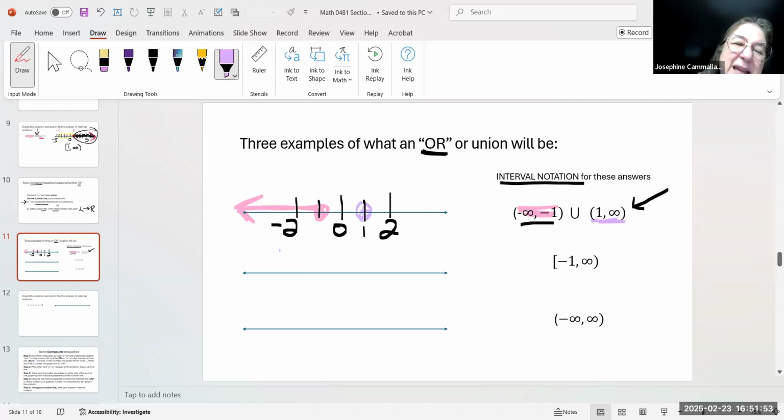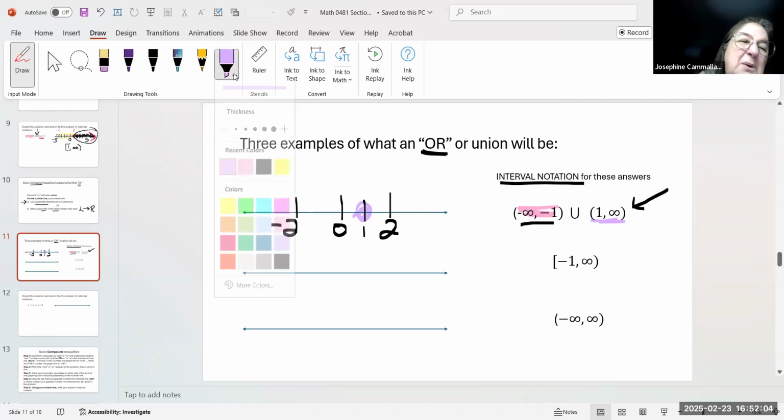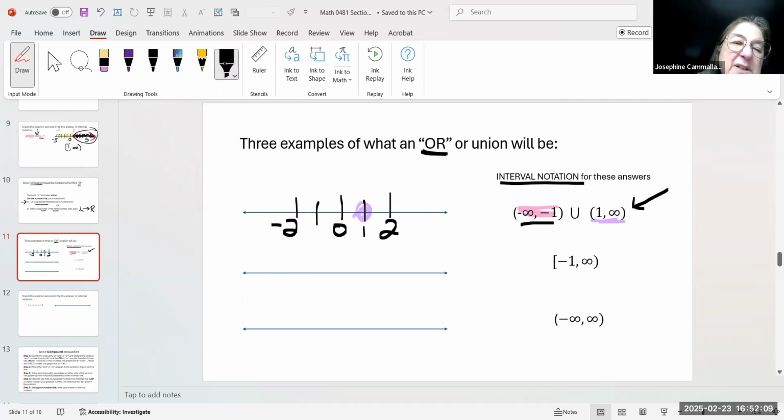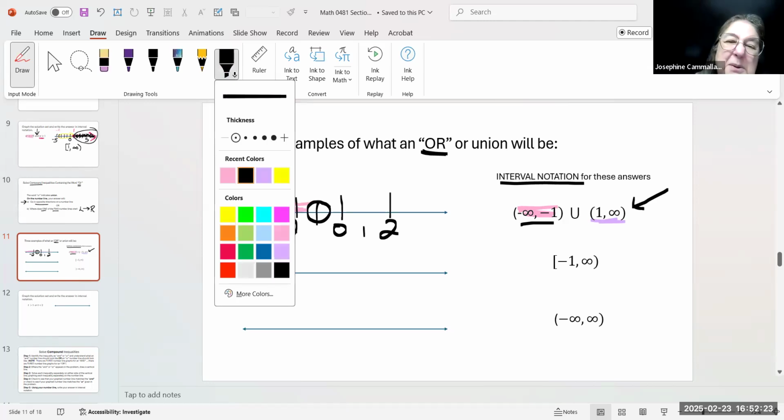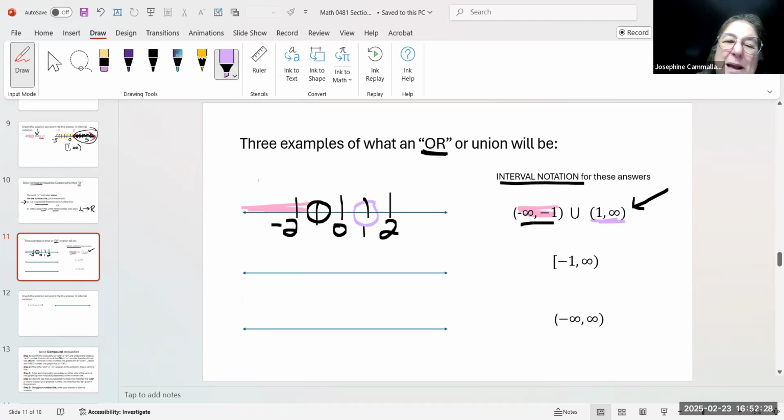This is going to be -1. I should make sure that I have open circles. This is 1, and I'm going in this direction. And then this one, doing in pink, open, and it goes in this direction.